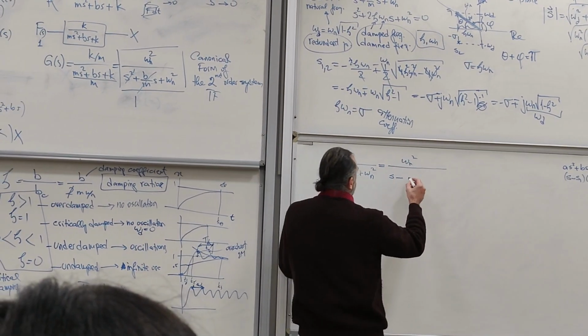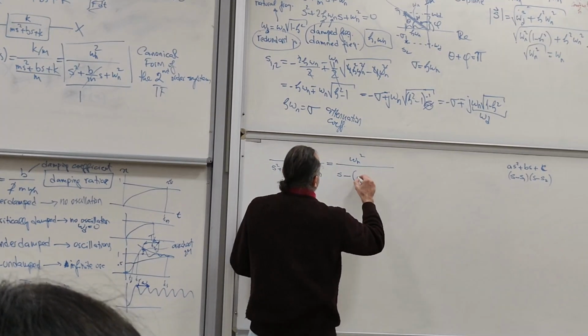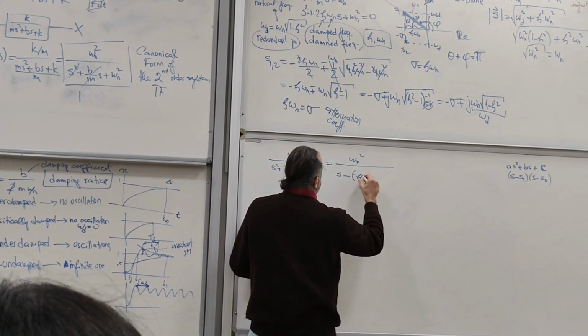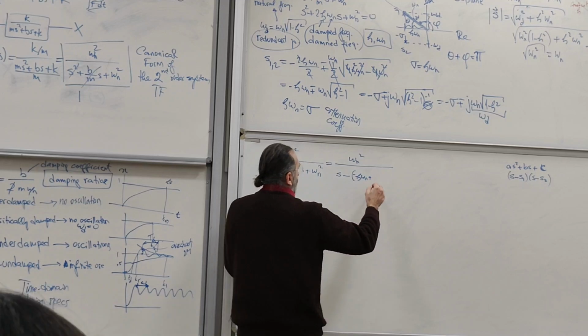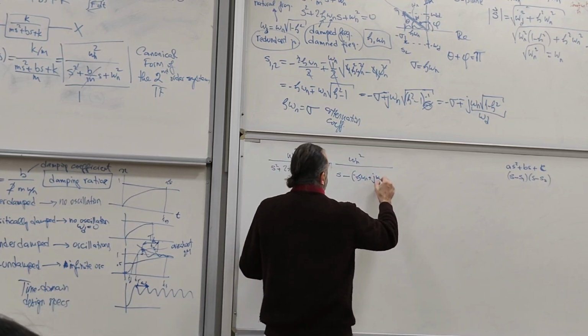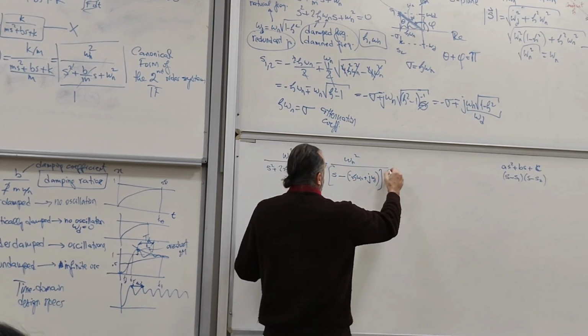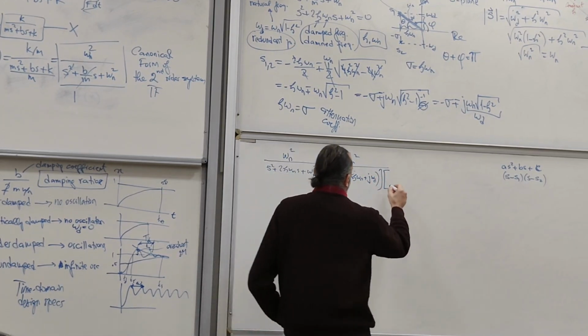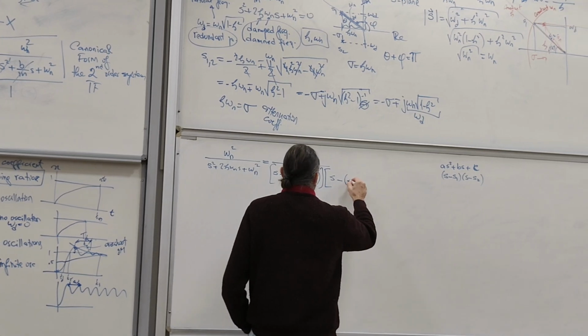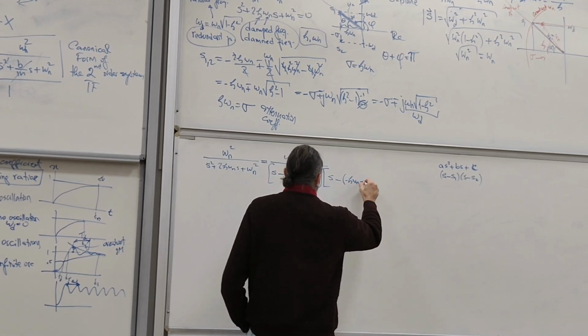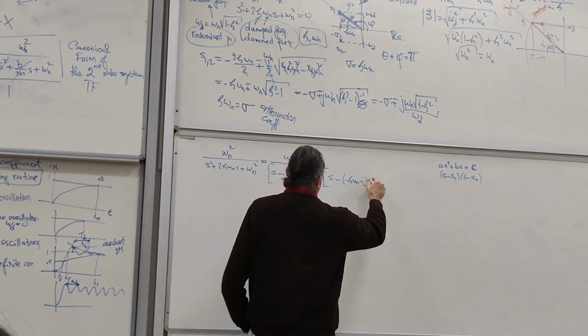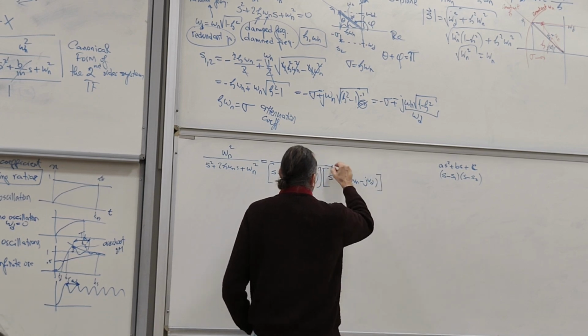s minus, what is that over there? Minus zeta omega n plus j omega b, times s minus minus zeta omega n minus j omega b.